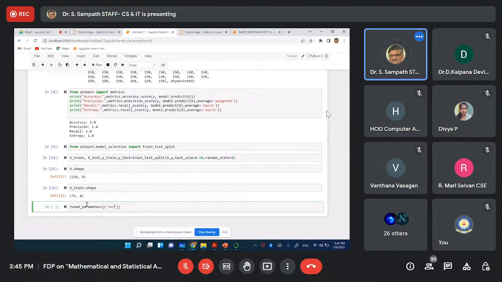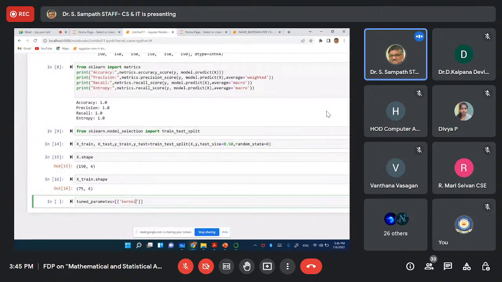So here one part happens to be my kernel. Let me make the font size slightly bigger. I'm not able to see correctly. So kernel is your key, and the values happen to be, let me take radial basis, RBF. RBF is for radial basis kernel.